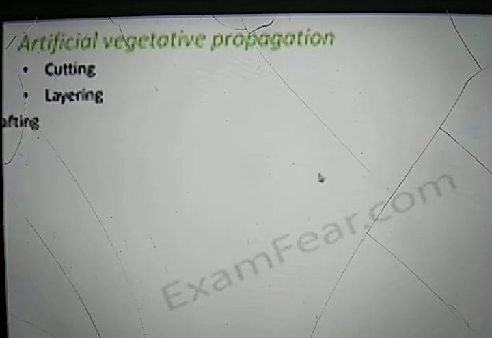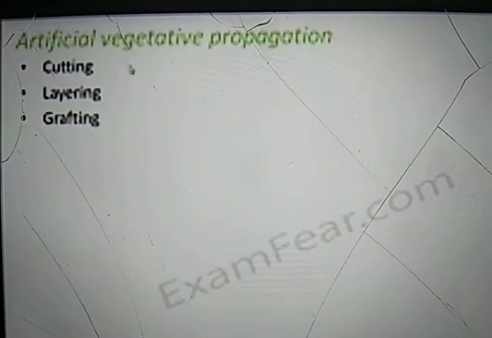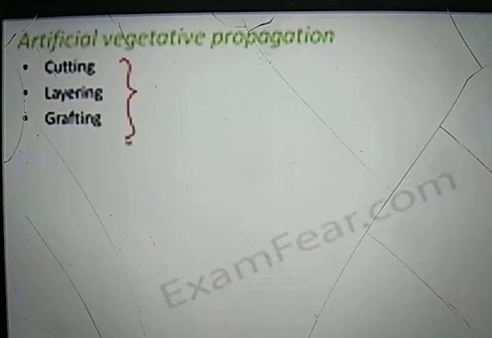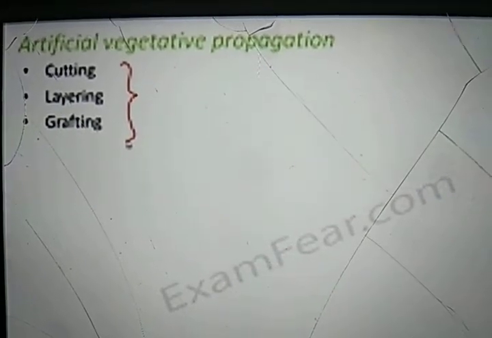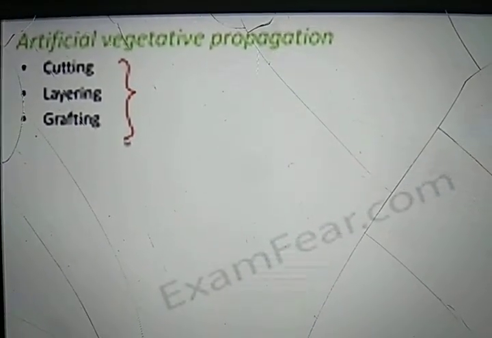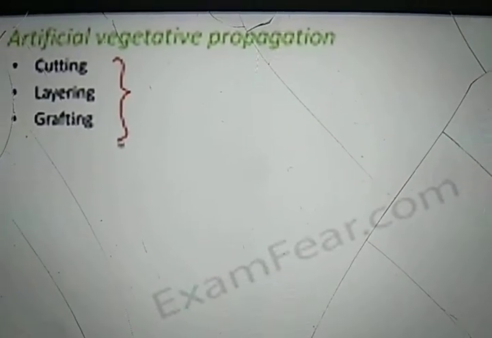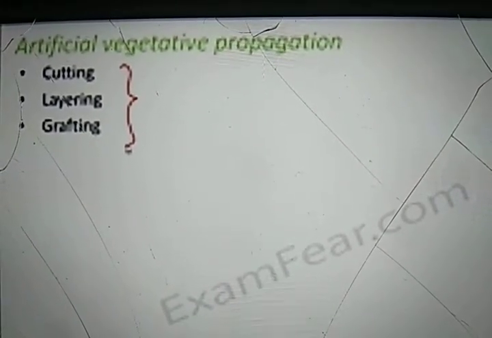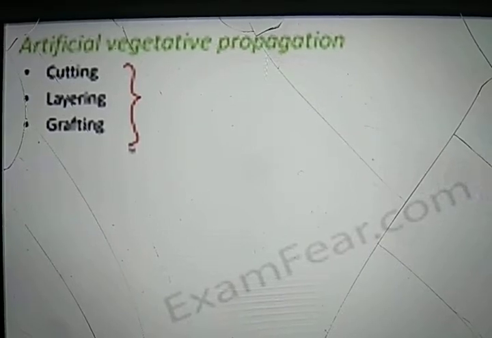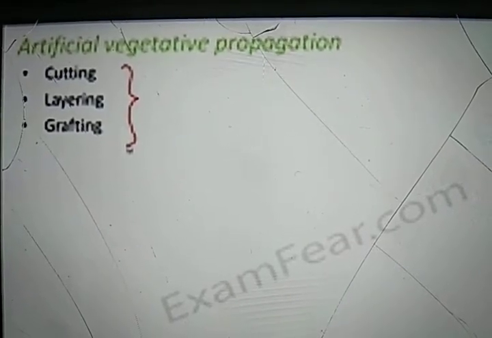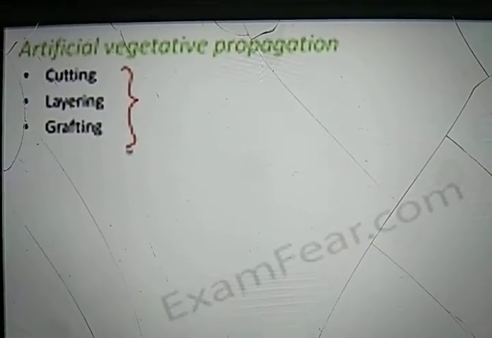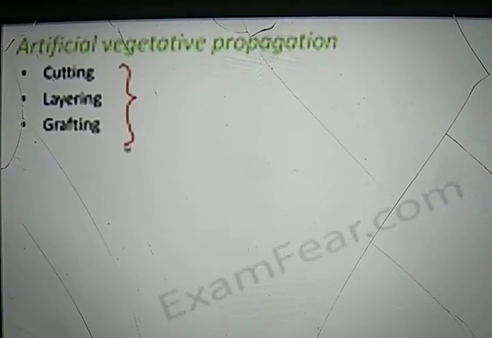But when we talk about artificial propagation, here we have methods like cutting, layering, and grafting, and by these methods we have control. So if we want certain characteristics, we can get them. I'm just giving you an example. Let's say that you want a rose plant where the rose should be half yellow and partially red in color.